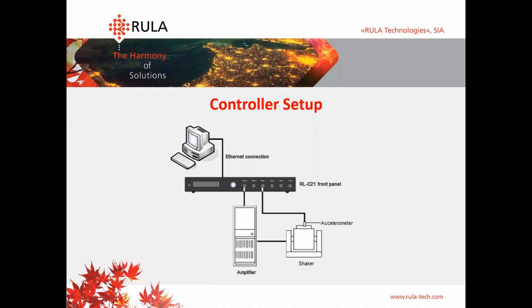After that, we connect our amplifier with the first output channel of our system. When the connection is set, we connect the shaker and the amplifier. After that, we should mount our accelerometer or other type of sensor on the shaker table. Then we connect the accelerometer with the first input channel of our system.